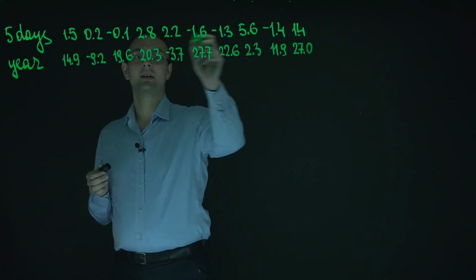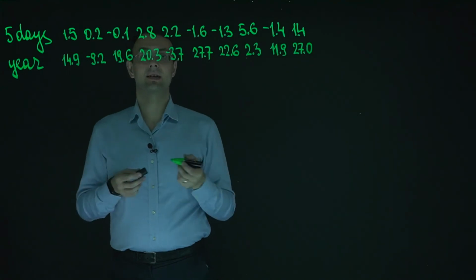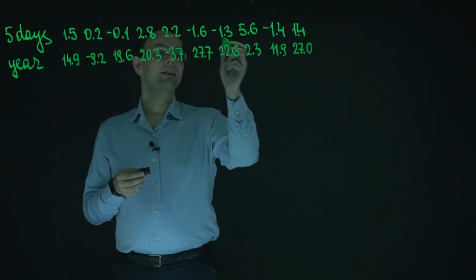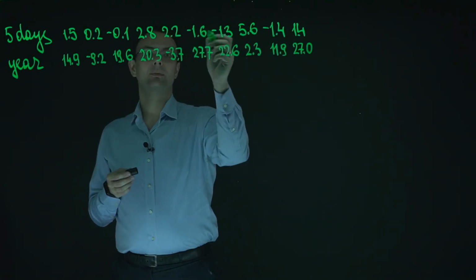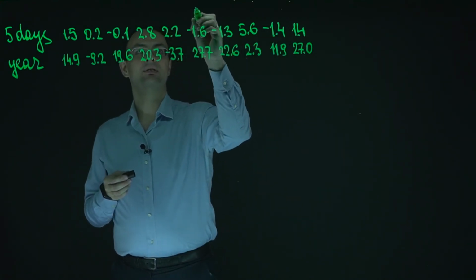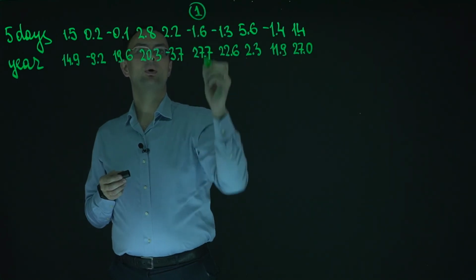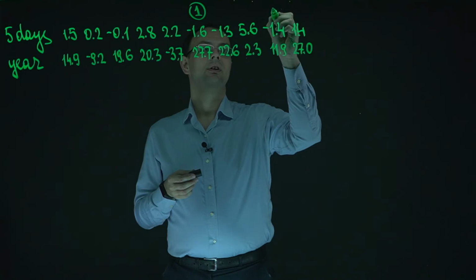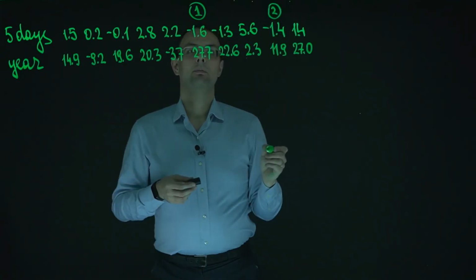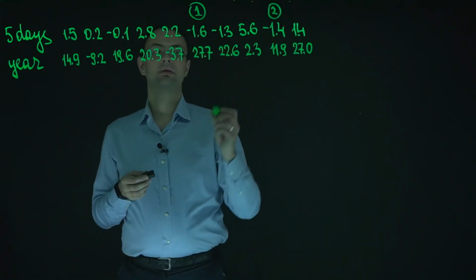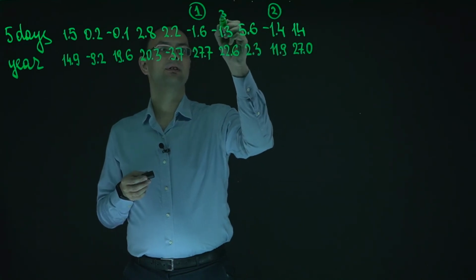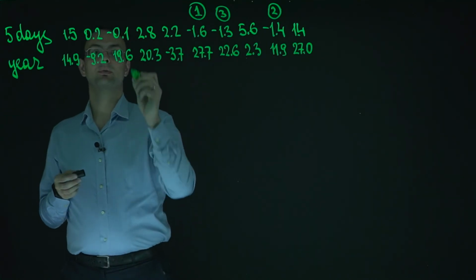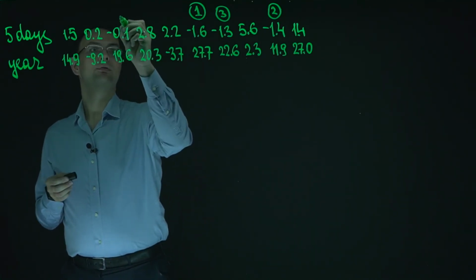So we rank the first sample and the second sample from the least to the greatest observation. Here I see that the least one is minus 1.6, so its rank is 1. Then minus 1.4, rank 2. Minus 1.3, rank 3. Minus 0.1, rank 4.